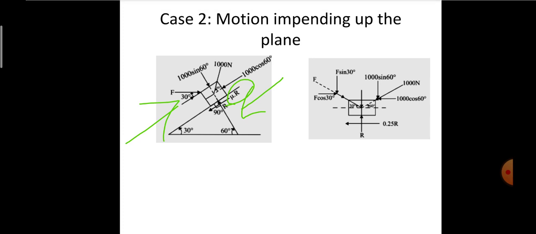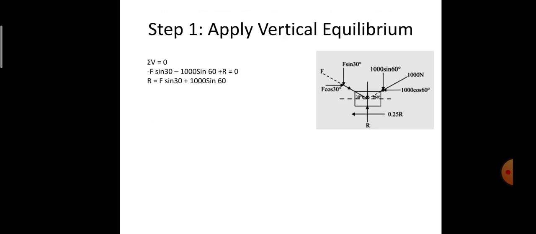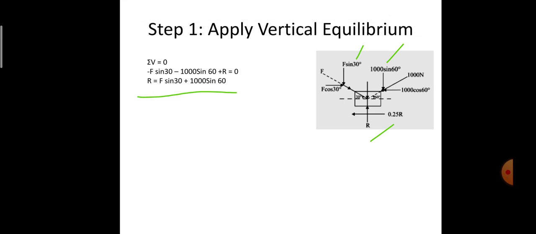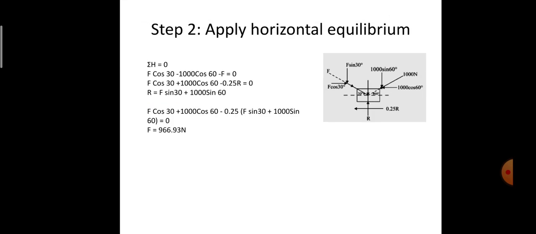All the other things remain the same, only the direction of the motion trend as well as the frictional force is reversed. In this case, if I apply the vertical equilibrium condition, sigma V equal to 0, I have F sine 30, 1000 sine 60, and R. So R will be equal to F sine 30 plus 1000 sine 60, based on the respective sign convention.